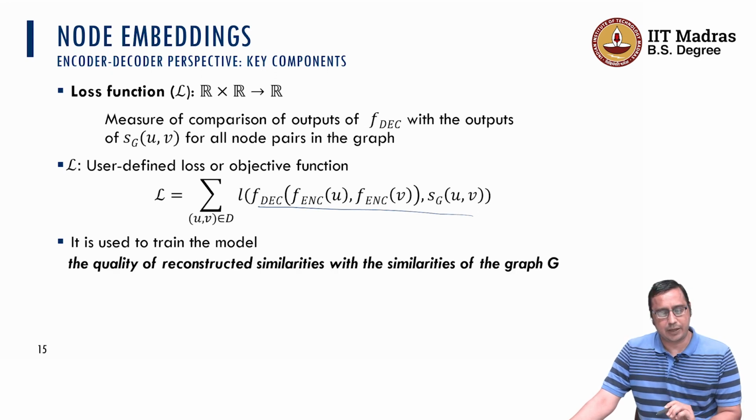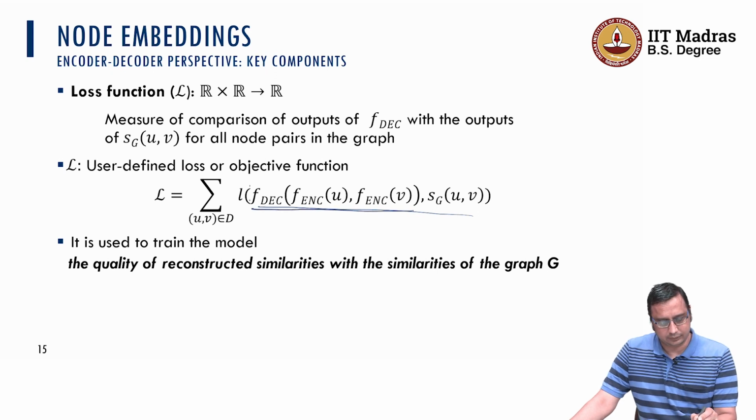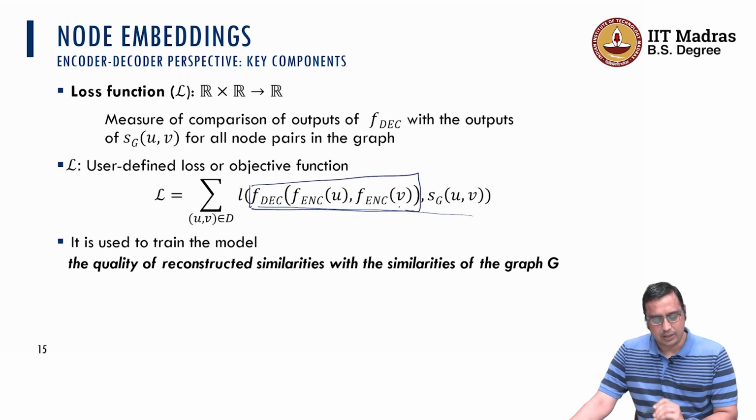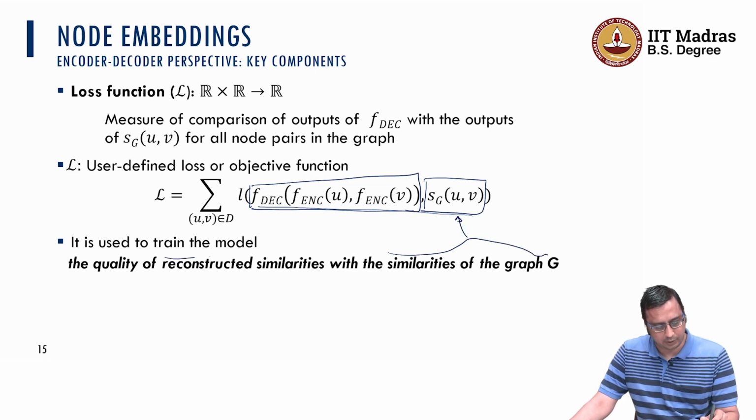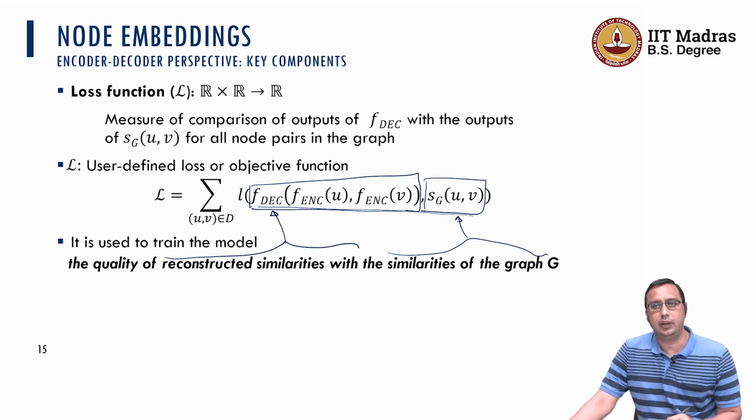And it actually measures, as I told you, the quality of the reconstructed similarities with the similarity of the graph G in general. So look at it: it has the reconstructed similarity versus the graph similarity. This particular part is represented by this, and this particular part is represented by this function.